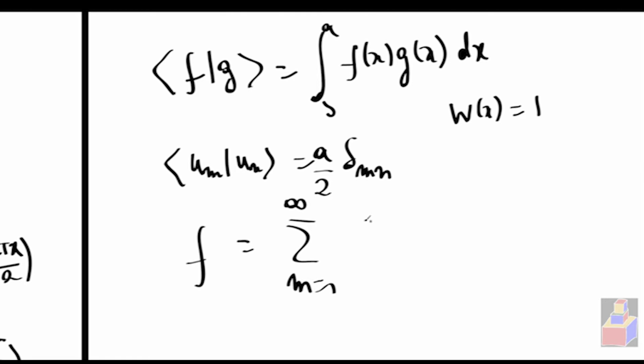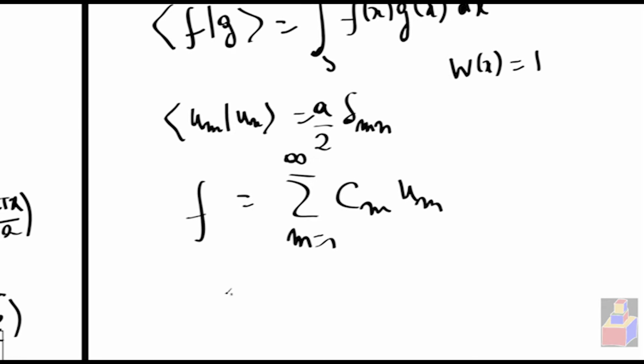Okay, so if you do that, you can easily find the coefficients. I take a dot product in function space on each side, with a specific m; let's call it Un, which is one of those values here.